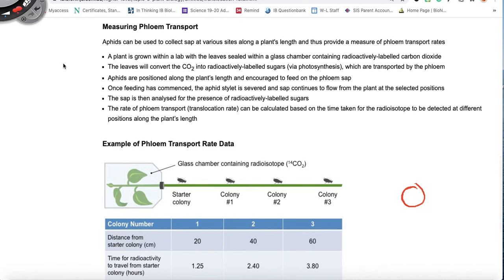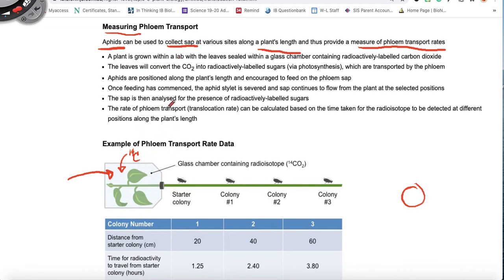So how is that measured? Let's look at how the measuring part is done. We said that scientists use aphids to collect the sap, and they place aphids at various sites along the plant's length, and thus provide a measure of the phloem transport rate. So they start the experiment by growing a plant in the lab within a sealed glass chamber, and they introduce the radioactively containing carbon, and it's carbon-14 that they introduce into the chamber.